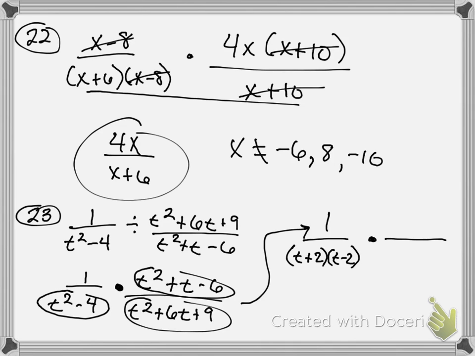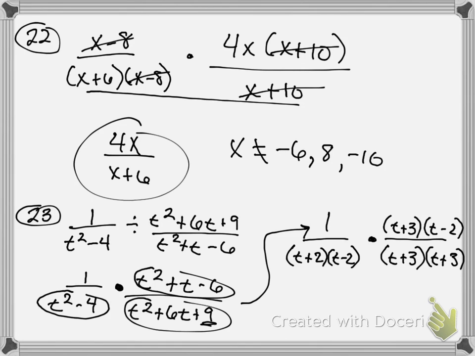The factors of -6 that add to give you 1 are +3 and -2. So you have t plus 3, t minus 2. Then in the bottom, my factors of 9 that add to 6 is just 3 and 3, right? So t plus 3 and t plus 3.